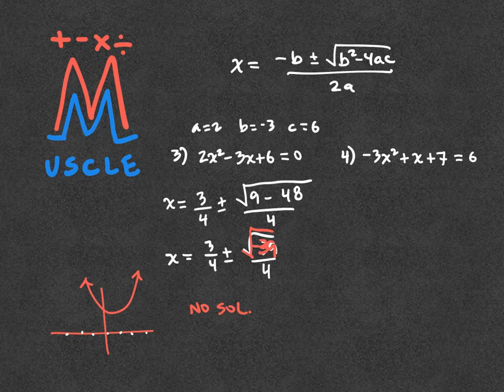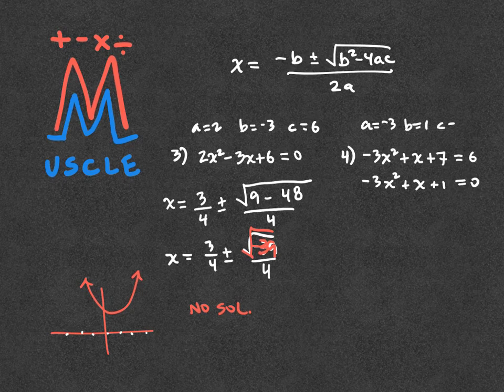Okay, let's look at number 4. We've got to get this in the correct form first. We don't have the true value of c yet. If I subtract 6, I'll get plus 1. So a is equal to -3, b is equal to 1, and c is equal to 1. So we set it up, negative b over 2a plus or minus square root b squared minus 4ac.